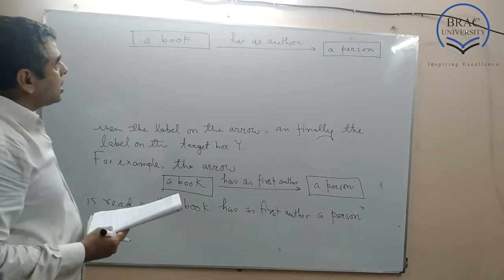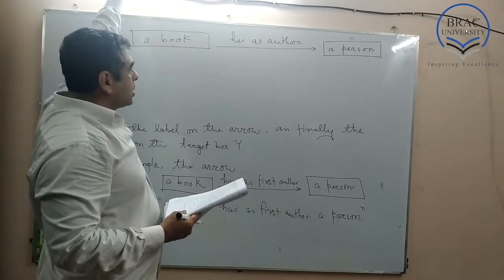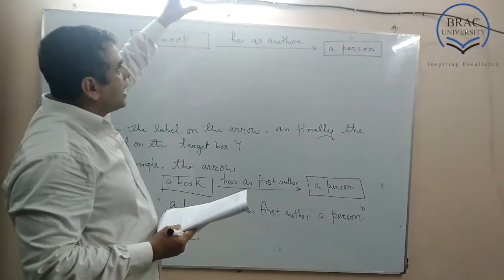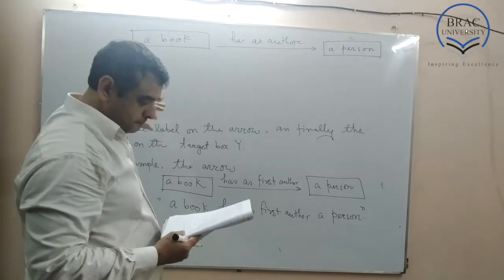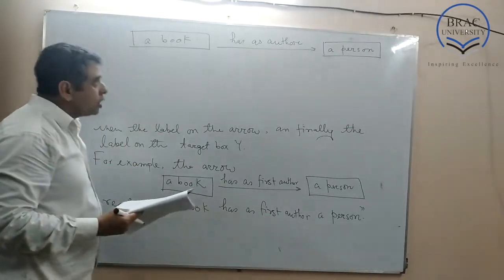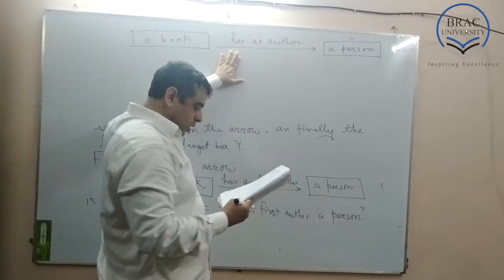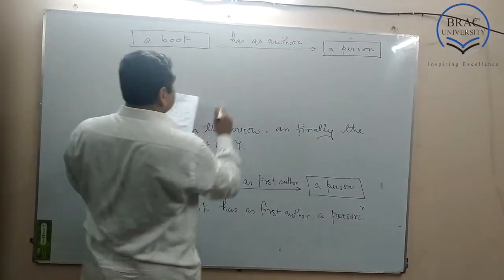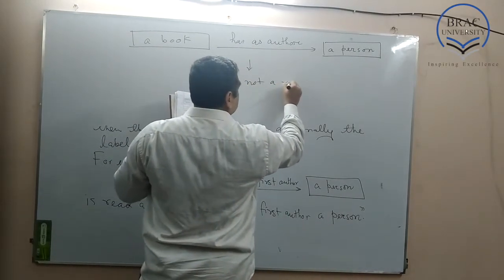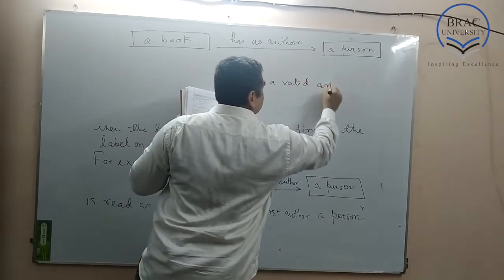Why? Because a book may have two persons as authors. So it does not reflect a functional behavior. So it's not a valid aspect.